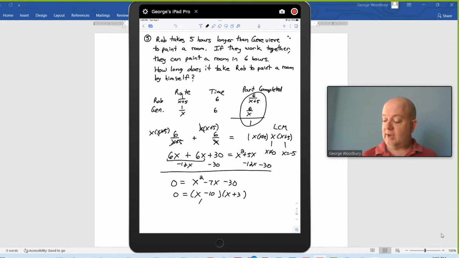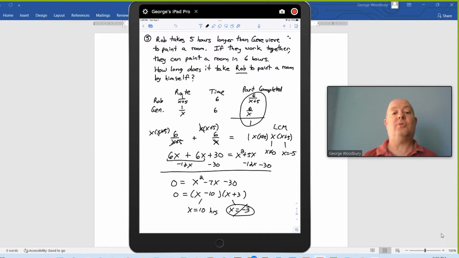The two solutions I get are x equals 10 or x equals negative 3, which we know is impossible in terms of this problem. It can't take negative time to do that. So 10 hours is my solution for x. Let's go back and figure out what we're asked for. It says, how long would it take Rob working alone.